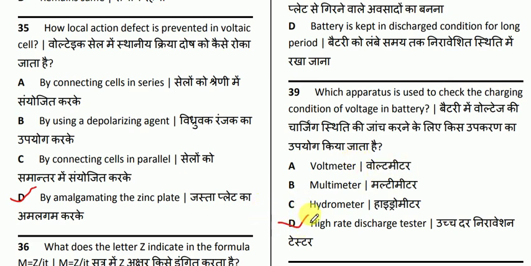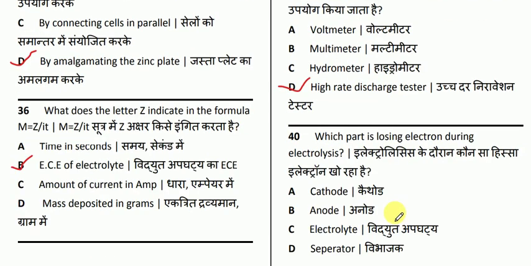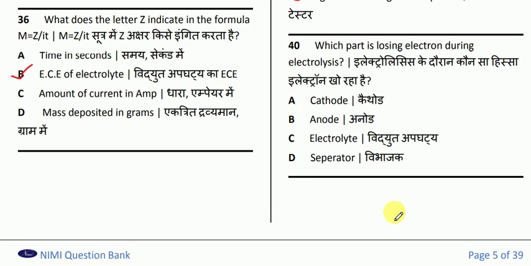That is option D, meaning high rate discharge tester. Coming to the last question. Which part is losing electrons during electrolysis? The option is B, meaning anode.